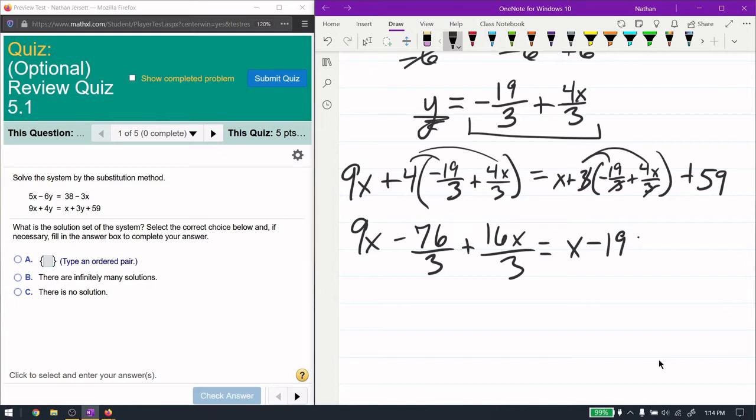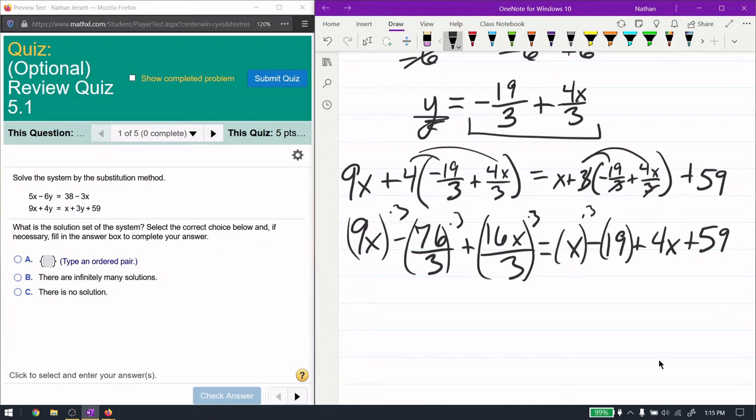We get negative 19 plus 4x plus 59. Now, what I can do is I can multiply everything by 3. That will end up getting rid of all the denominators. I want to not work with fractions if I don't have to. So I'm going to multiply everything by 3 on both sides of the equation.